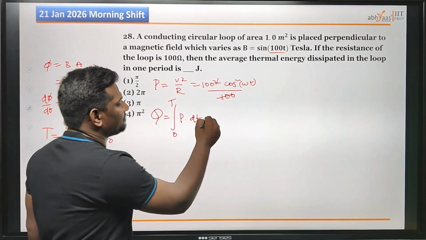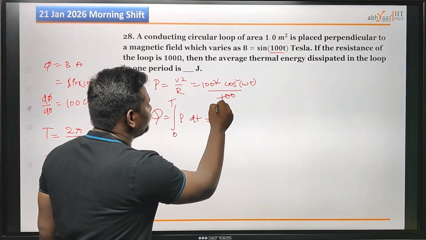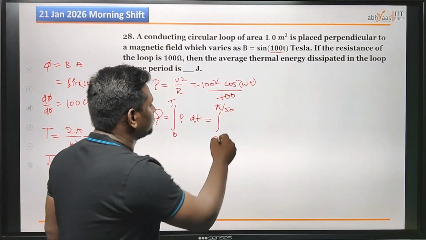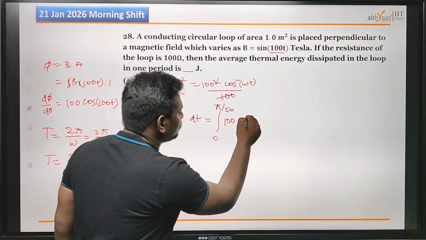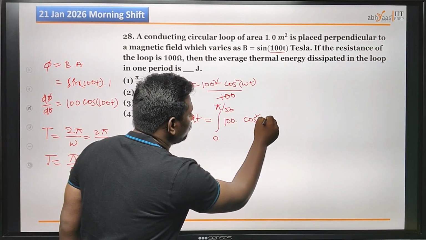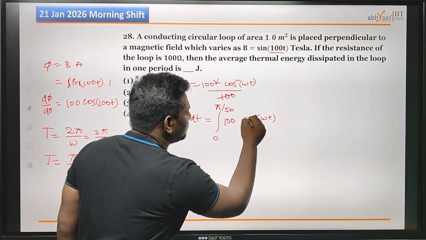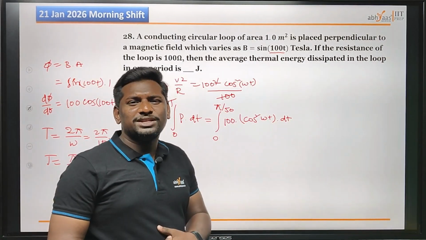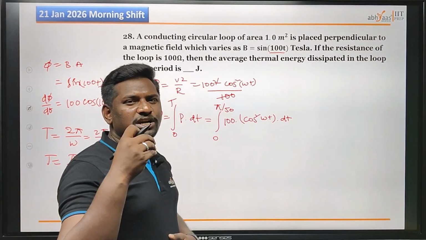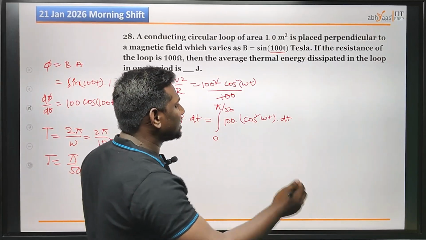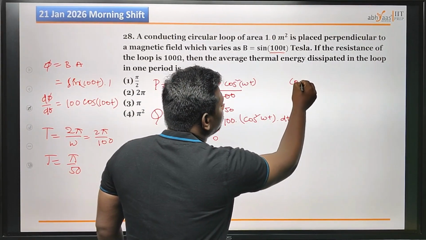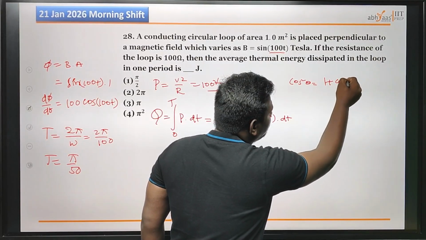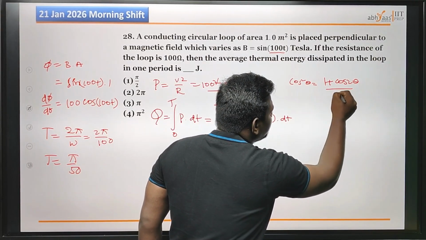Okay, let's substitute the values. Integral from 0 to pi by 50, 100 into cos square omega T into dt. We know the formula, cos square theta equal to 1 plus cos 2 theta by 2.